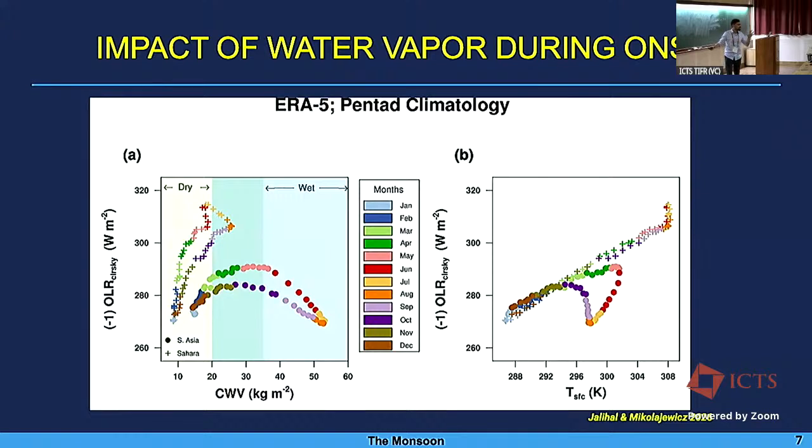Filled circle is South Asia. Okay, let us look at this first. OLR clear sky, outgoing longwave radiation versus surface temperature, Sahara. So it is an almost linear fit. So outgoing longwave radiation in this region is a simple linear function of surface temperature.